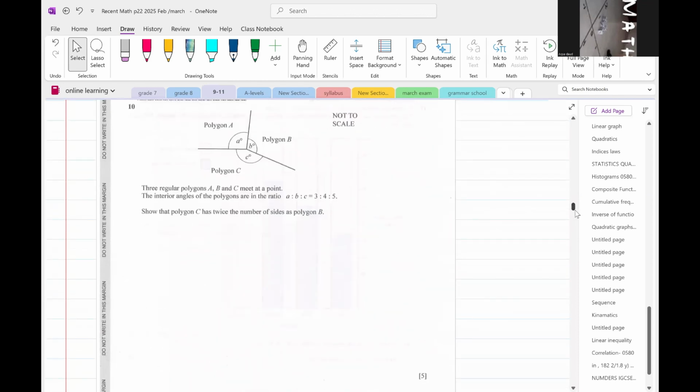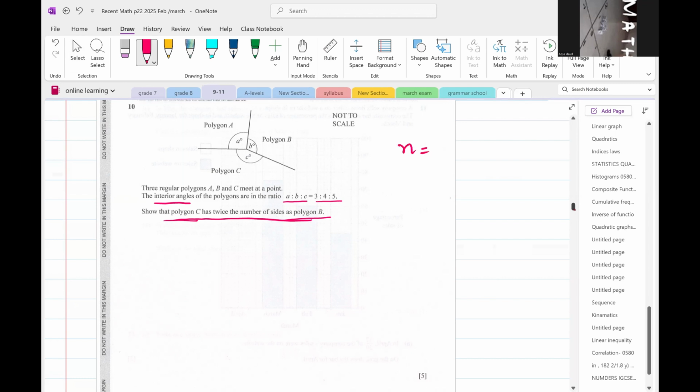Now this is interesting. 3 regular polygons A, B, C meet at a point. The interior angles of the polygons are in the ratio A:B:C is 3:4:5. Show that polygon C has twice the number of sides as polygon B. In order to find the number of sides, we should know a few formulas.